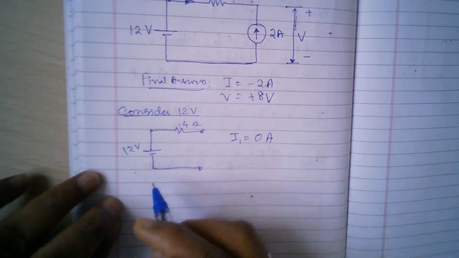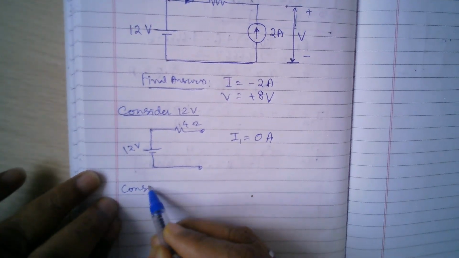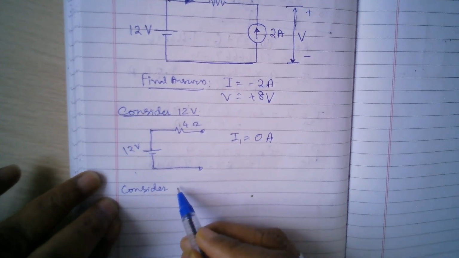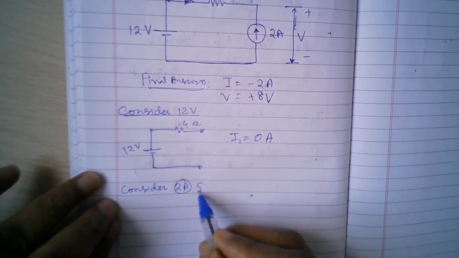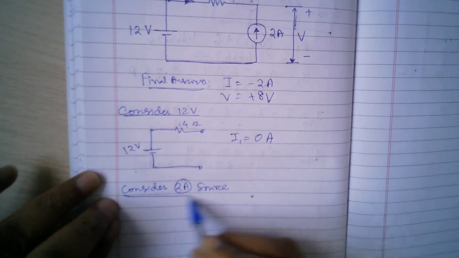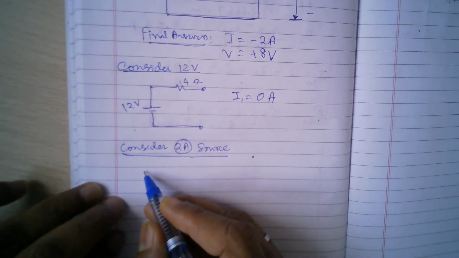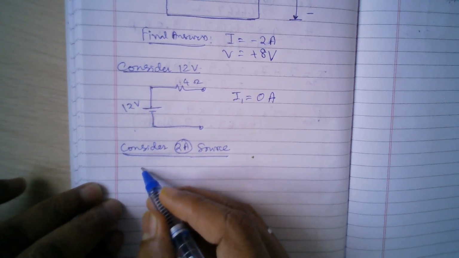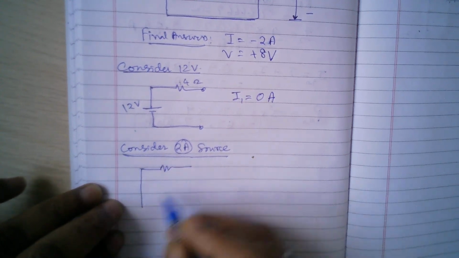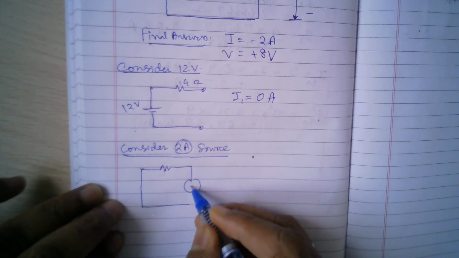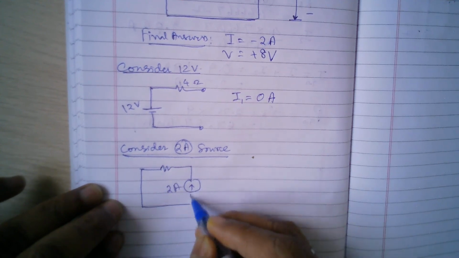Now consider the 2 ampere source, the current source of 2 amperes. In that case I have to short circuit the voltage source, and this will be 2 amperes, 4 ohms.